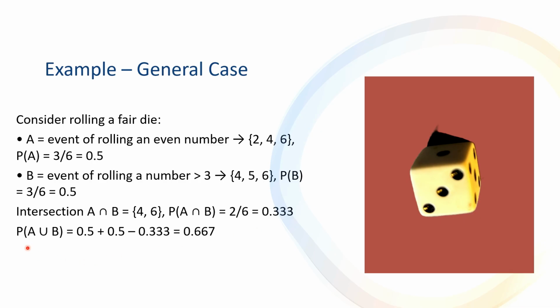So the probability of A union B, the probability of rolling an even number or a number greater than 3, is the probability of A plus the probability of B minus their intersection, which is a third, or 0.333. So that's approximately equal to 0.667. This is a repeating decimal, so it's got a bunch of 3's out there, but we can round it to 0.667.